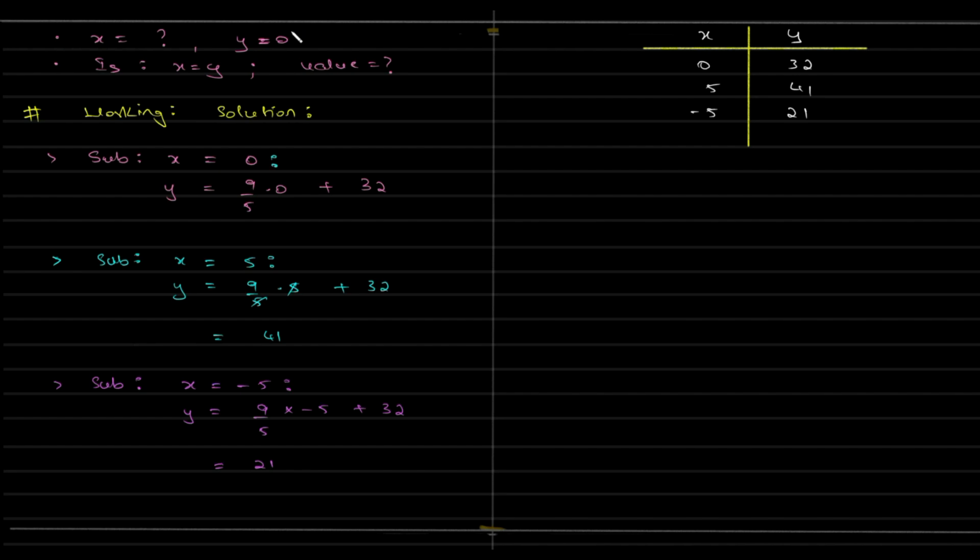Because when this is 0 degrees Fahrenheit, what is x? It will be negative. So we need to go negative also. We have to make use of this entire thing. I'll just draw.